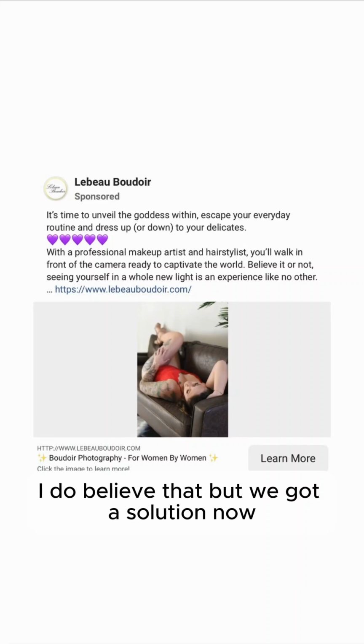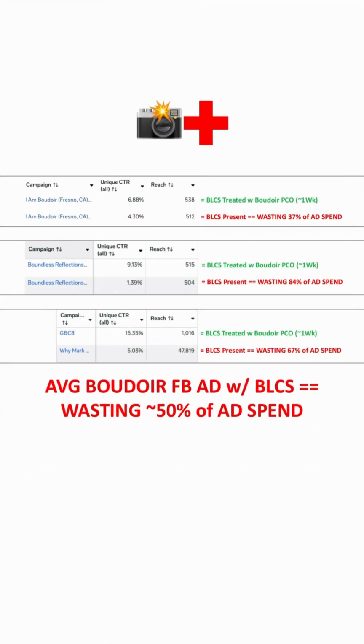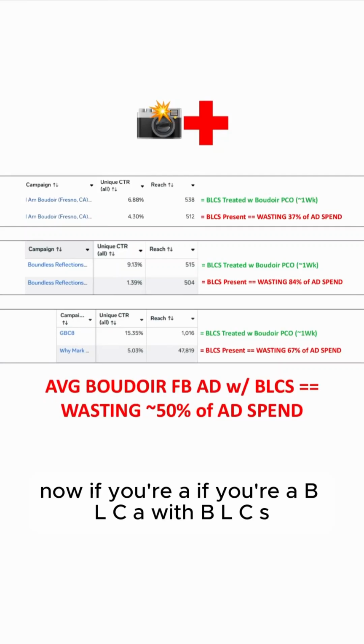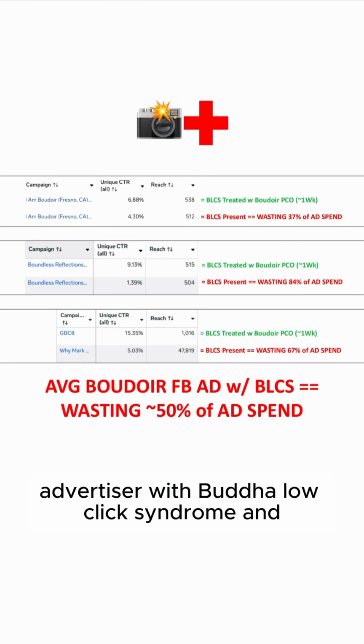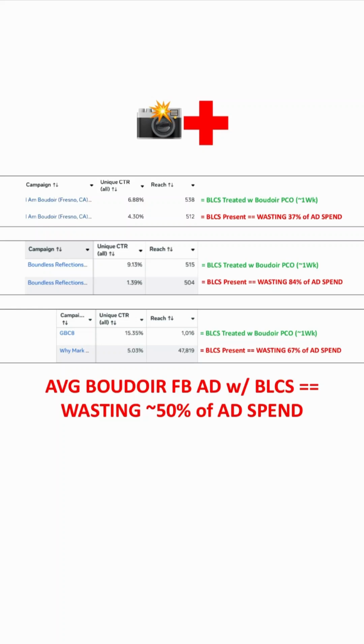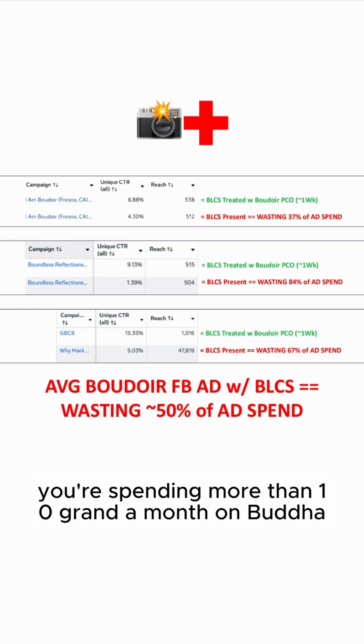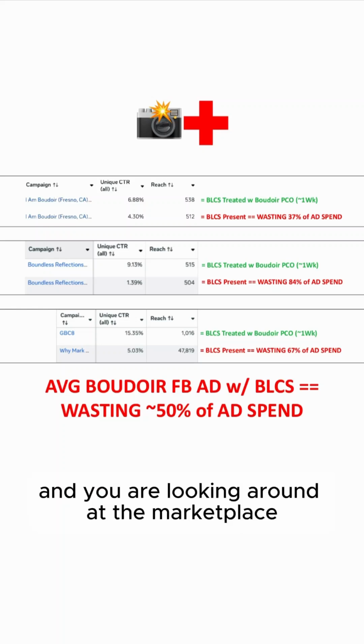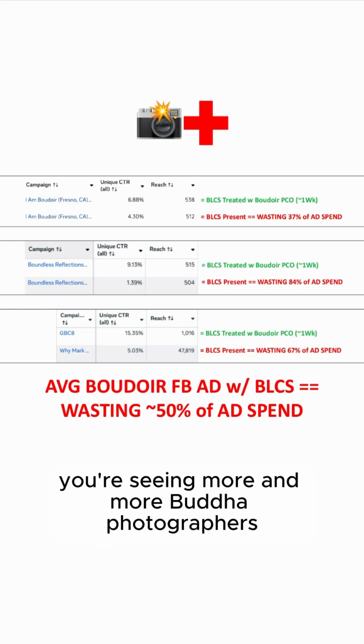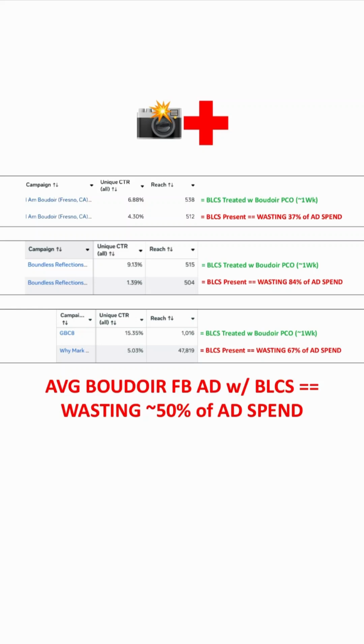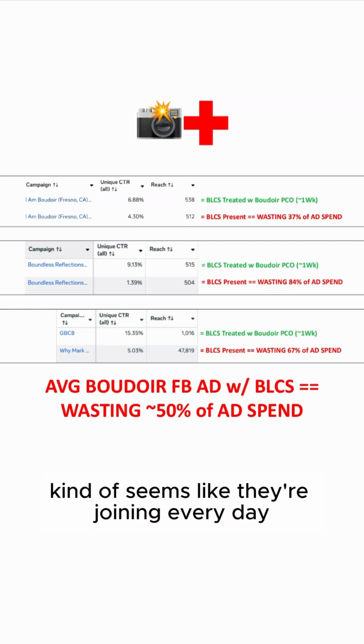But we got a solution now. We got Boudoir Pico. Now, if you're a BLCA with BLCS, a Boudoir low click advertiser with Boudoir low click syndrome, and you're spending more than 10 grand a month on Boudoir Facebook ads, and you are looking around at the marketplace, you're seeing more and more boudoir photographers, and it seems like they're joining every day.